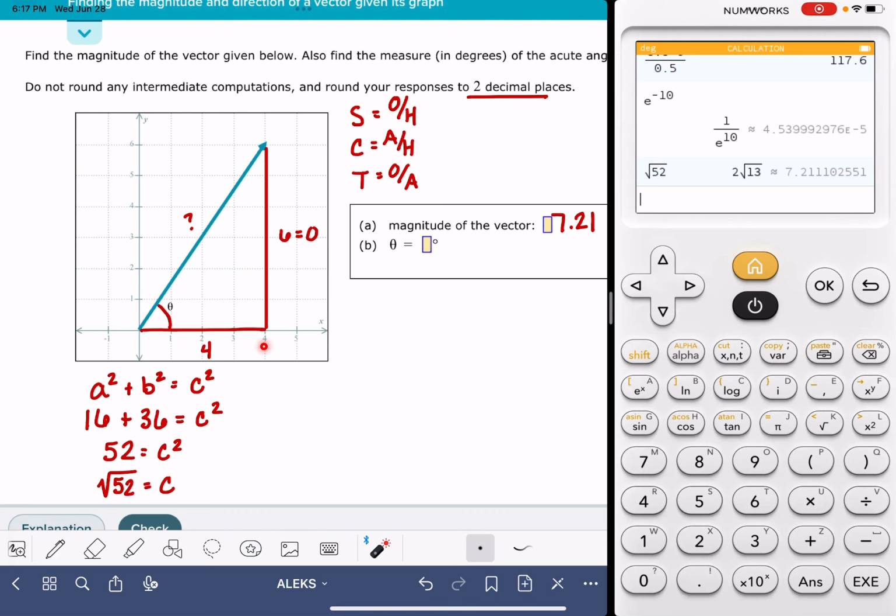Of these remaining two sides, 4 being the shorter side is our adjacent side, and that relationship comes from the tangent. The tangent of angle theta is equal to the opposite side length, which is 6, divided by the adjacent side length, which is 4.